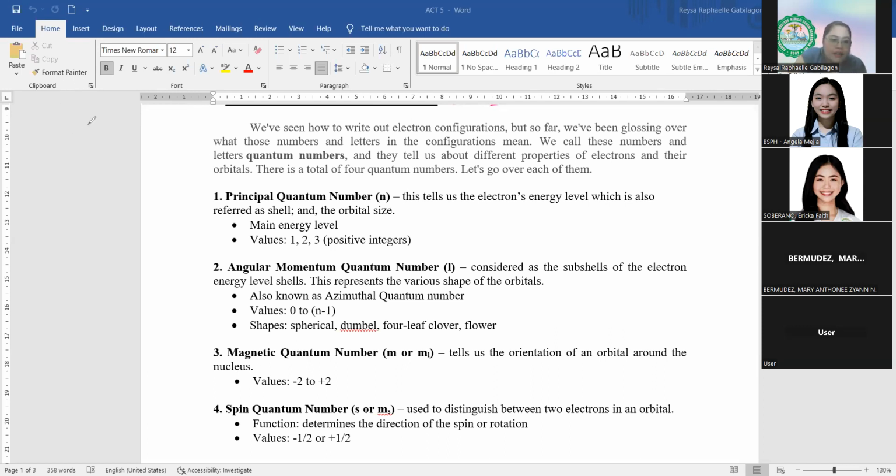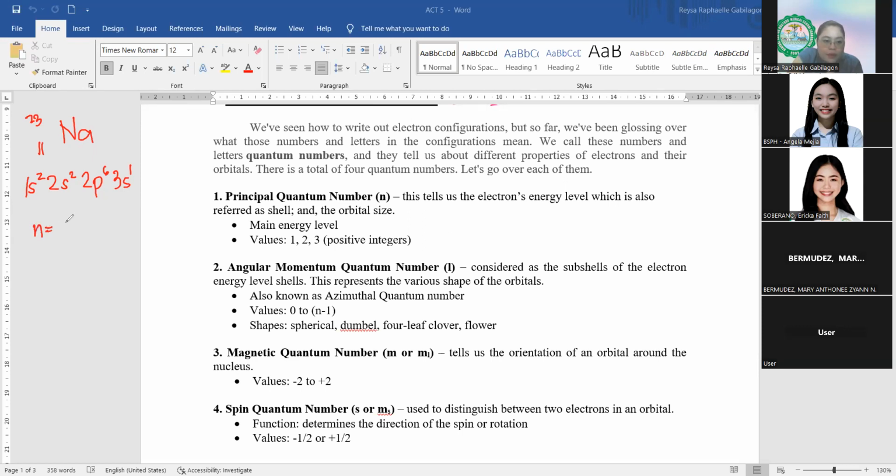So let me give you an example. Let's go back to our sodium 1123. When we made the electron configuration, we wrote it like this: 1s2, 2s2, 2p6, and 3s1. Ito yung without the charge, ha? So, ito yung electron configuration niya. Now, pag tinanong ko kayo, alin dyan yung principal quantum number?